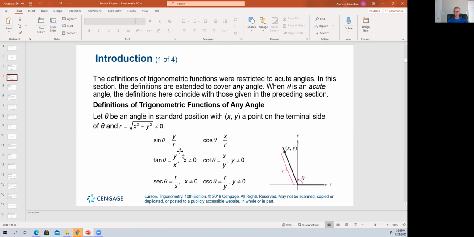For example, y over x is tangent. And so tangent could be undefined when the x value is 0, because we can't divide by 0. And you can see all the other ones are set up that way as well.